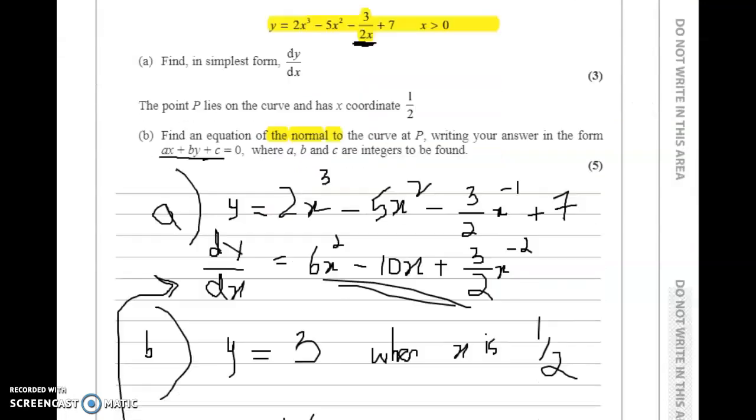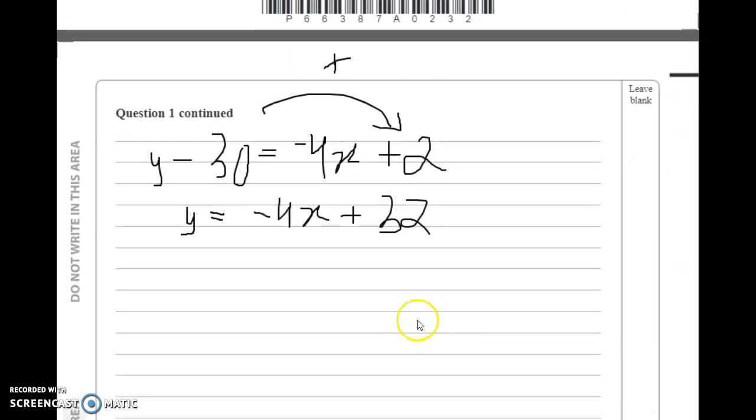So we take 4x to the other side to make it positive: 4x plus y, which is positive already, and plus 32 to that side will be minus 32, equal to 0. And that's how you solve these gradient problems.